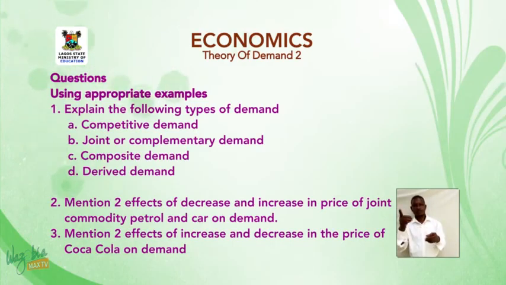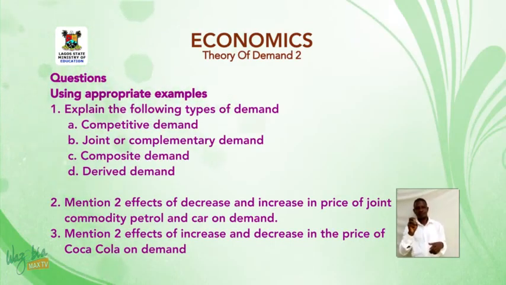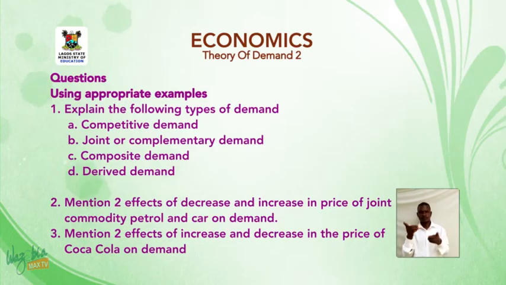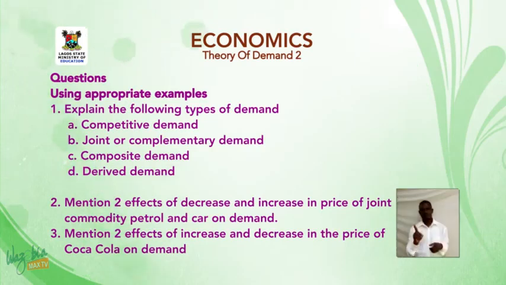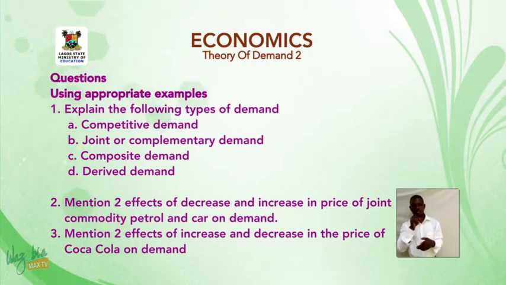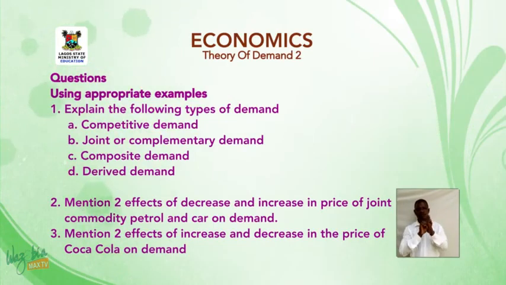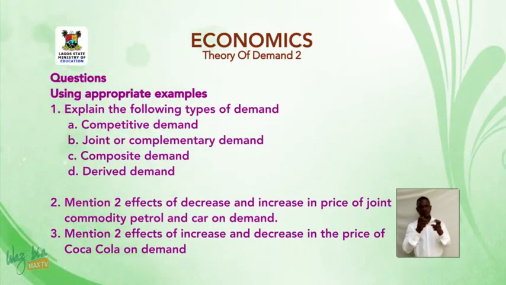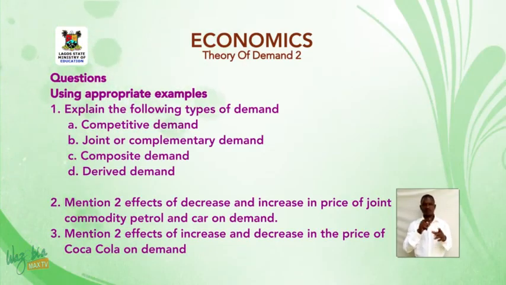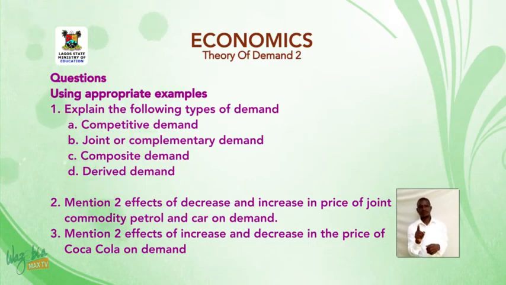B. Joint or complementary demand. C. Composite demand. D. Derived demand. In answering such a question, ensure that you use the appropriate examples for each type of demand, and also ensure that your example is more than one.